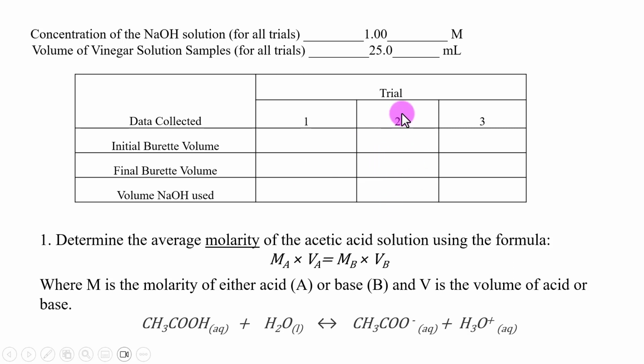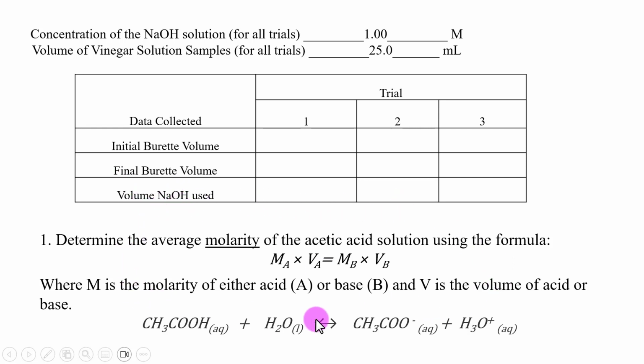And the final burette volume for trial 2 will be the initial burette volume for trial 3, and then the final burette volume for trial 3. These are the initial and final volumes, and so to figure out the volume of the base that you used, you're going to take the final minus the initial to give you the volume of the base. You will have three different values in milliliters for the volume of your base.